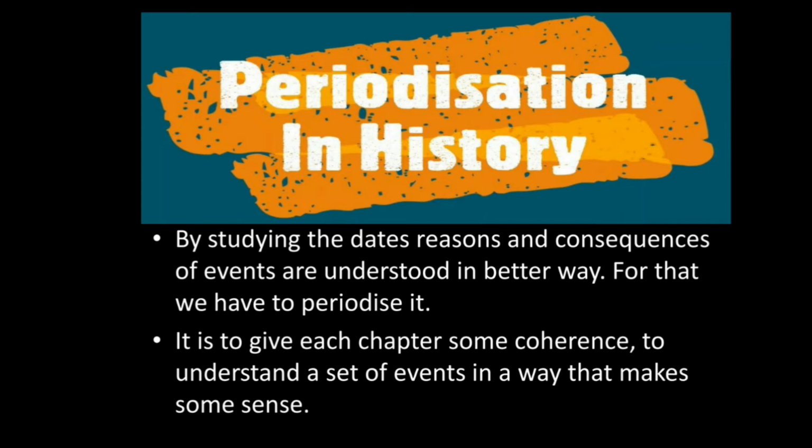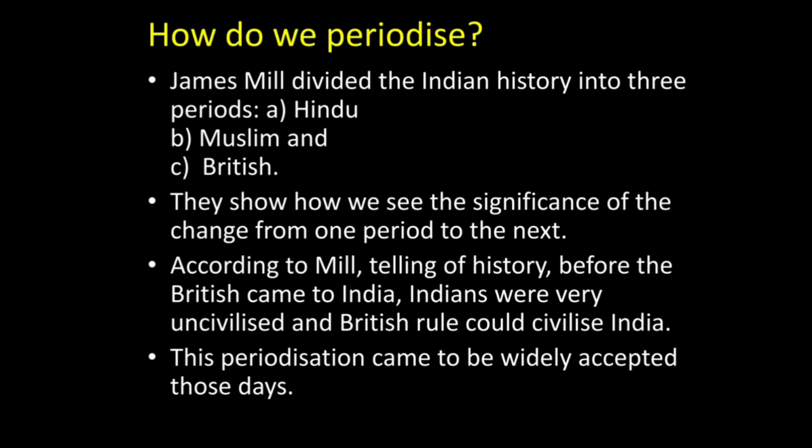We need to divide the history into specific periods where we can focus on a specific event over a specific period of time. The next question is, how do we periodize the history?